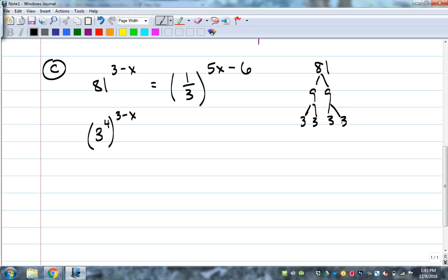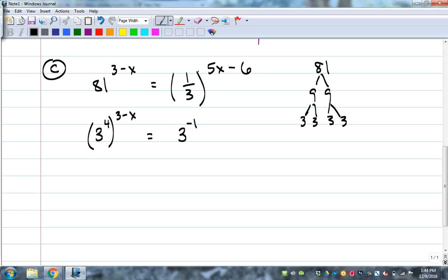The reason I want to go to a 3 is because of the 1/3 over here. But what's the exponent? So when you flip that, that becomes a -1 exponent.